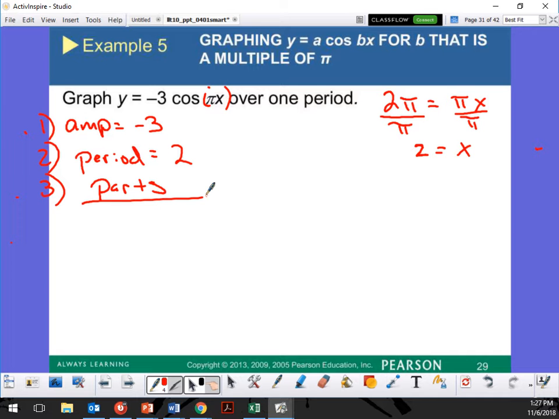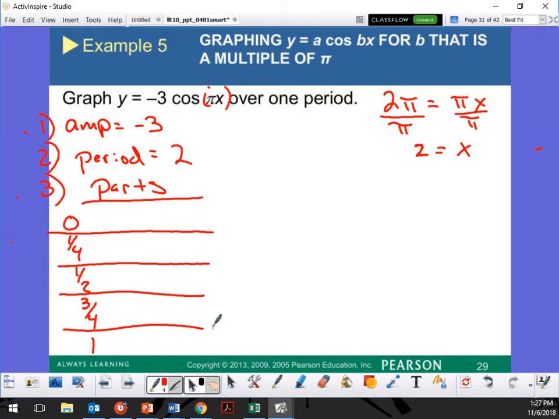So when I'm starting off with my parts, what am I writing down the side? 0, 1/4, 1/2, 3/4, 1. Yes. And then it's beginning and end. That's going to be my beginning and end, right? So there's my parts.